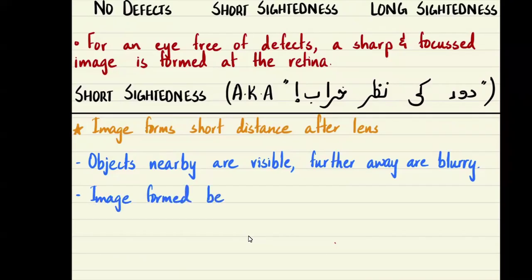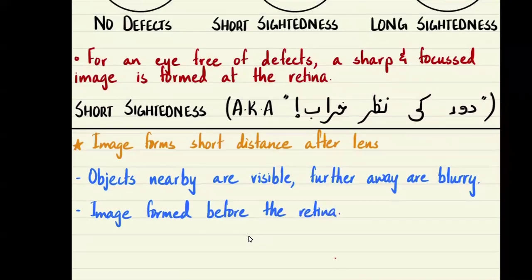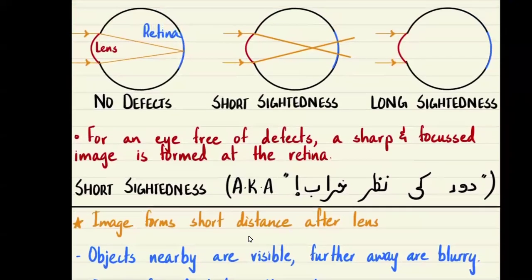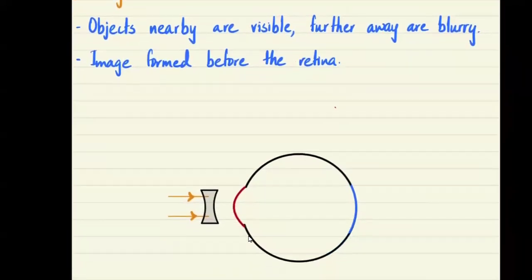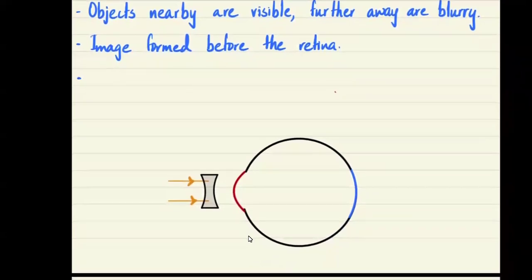Now again, the stuff that follows is very, very basic. You know that for the sharp focused image, the rays must meet at the retina. So what type of lens would you use to make it meet here? You basically need to make the rays spread out a bit more, right? For which you will be using a diverging lens.